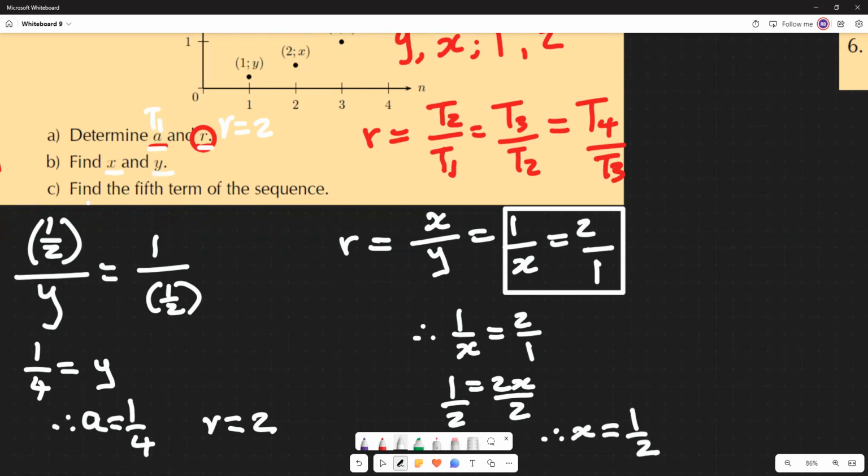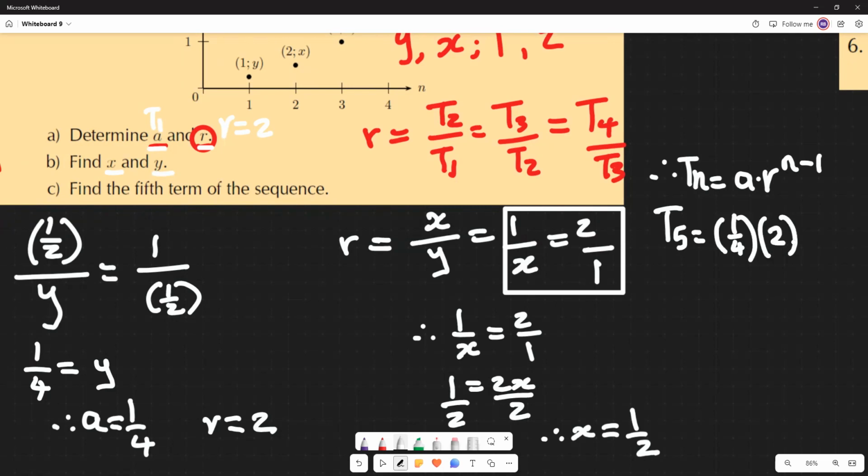Now I can easily find the fifth term. Remember, Tn is a dot r to the power n minus 1. I'm looking for term 5, so n is 5, my a is a quarter, my r is 2, and then I need to minus the 1.